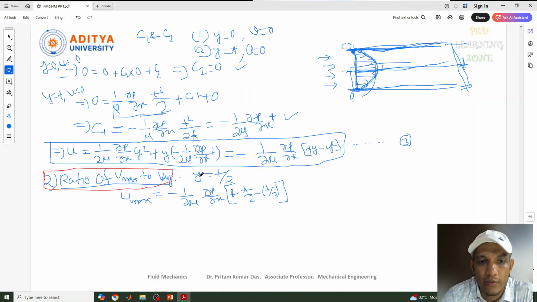Just I will put the value y equal to t by 2. Here only u is there. Now I'm writing u max, and I'm putting the value of y equal to t by 2. So now if you solve this, we can get it.